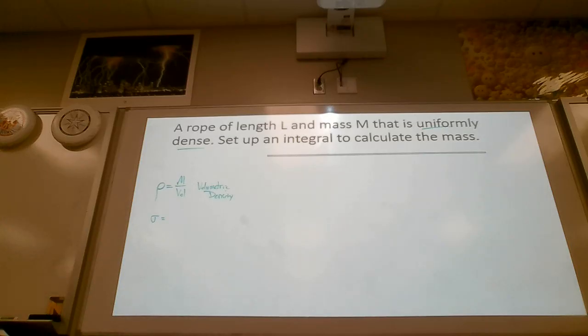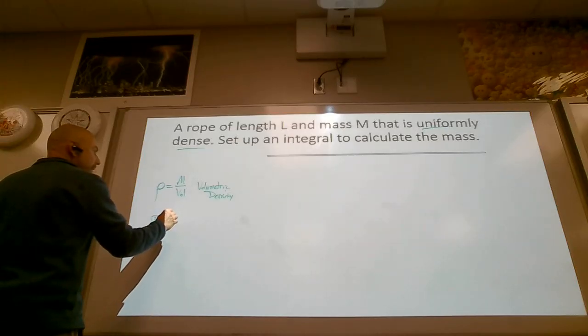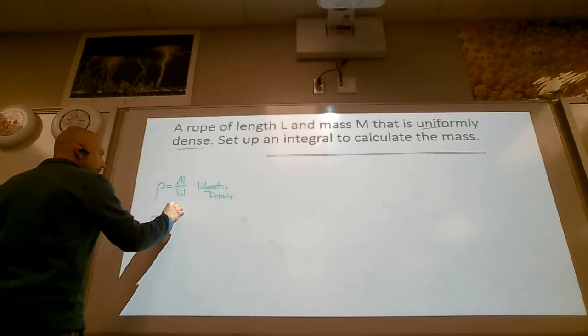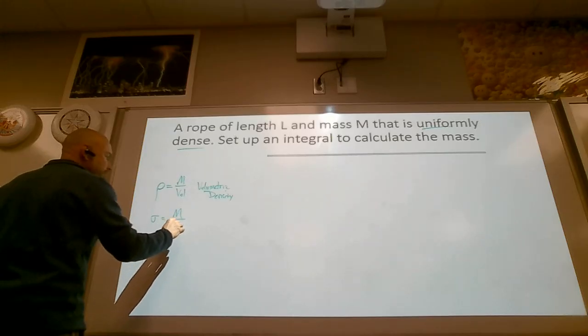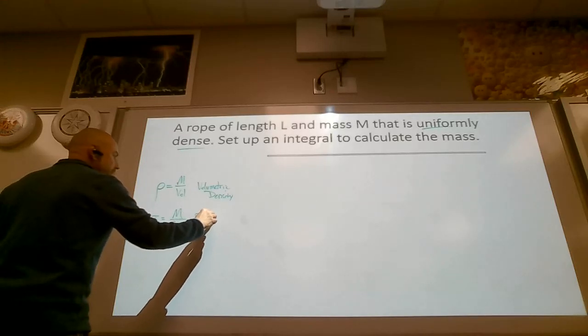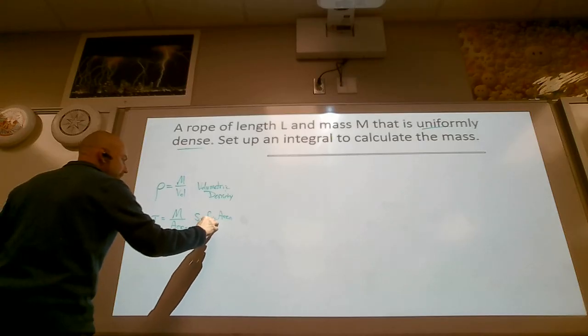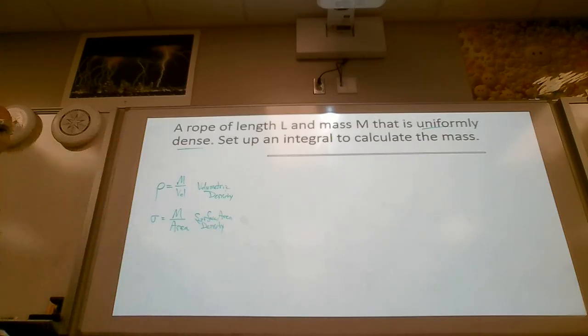Let's say we didn't care about the volume, but we just had it spread over an area. This is mass over area. This is surface area density, if it was a two-dimensional object.